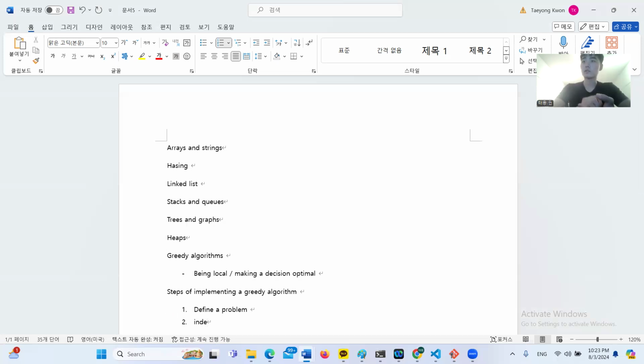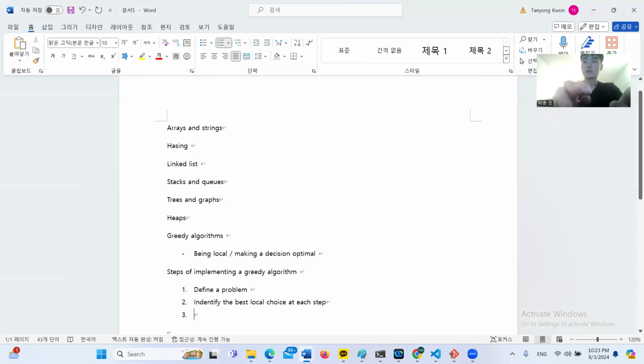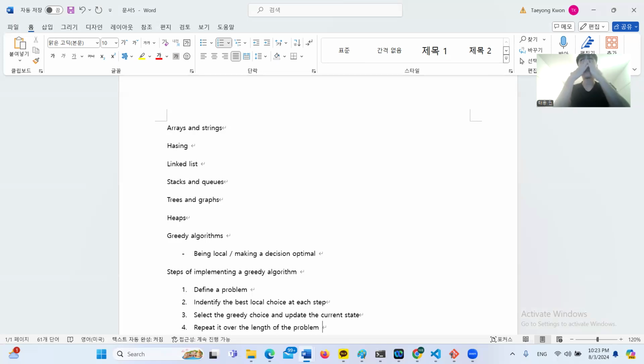So we determine the locally optimal choice at each step based on its state, the best local choice at each step. Third, we make the greedy choice. We select the greedy choice and update the current state. And then we iterate it. We repeat it over the length of the problem.